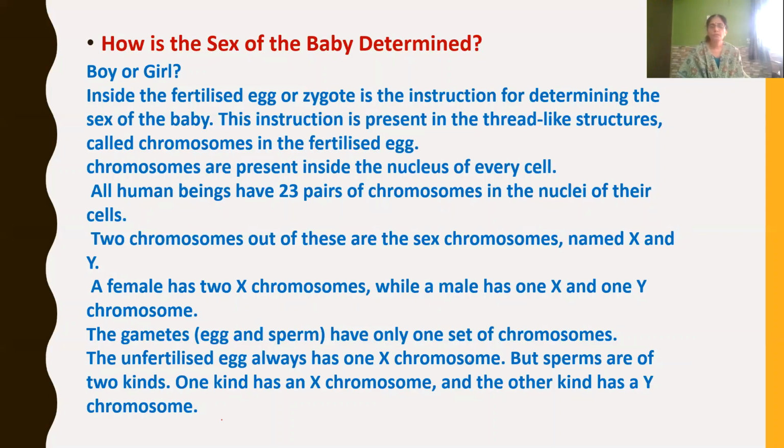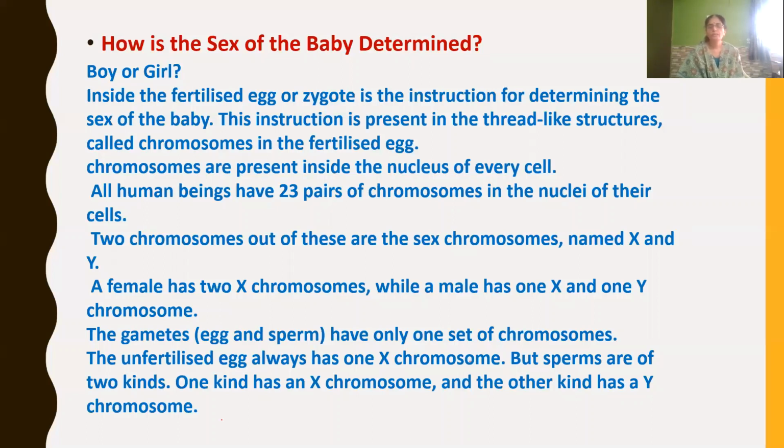In all human beings, we have 23 pairs of chromosomes in the nuclei of our cells. Each and every cell has 23 pairs of chromosomes. Pairs means 2; these 2 chromosomes are arranged in pairs. Out of these 23 pairs, only 1 pair, that is 2 chromosomes, are called sex chromosomes.